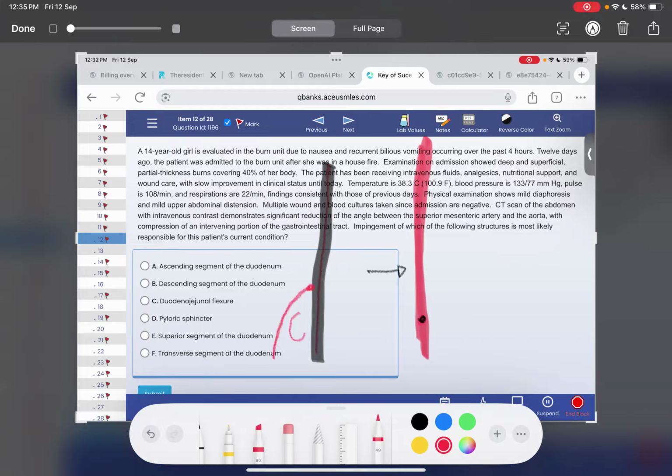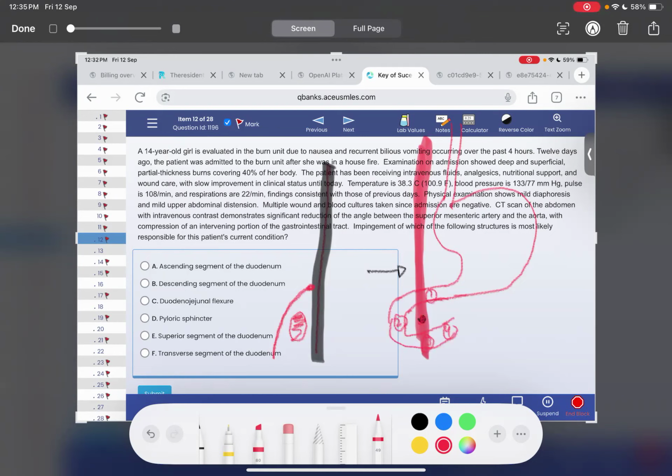So what structure is over here? Your duodenum. Sorry, this is your stomach. This is your first part, over here second part of the duodenum, then your third part, then a fourth part. So here's your artery.